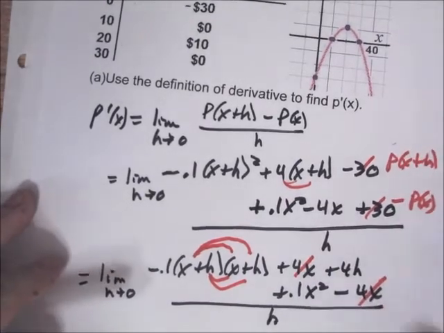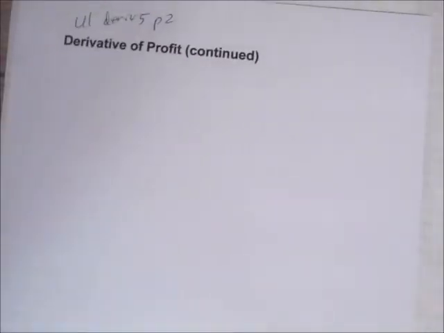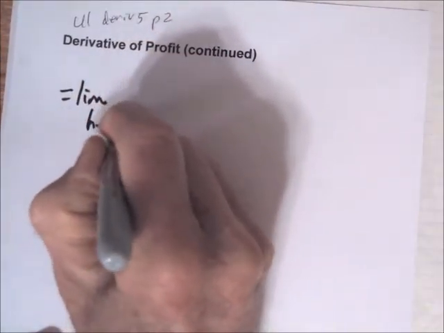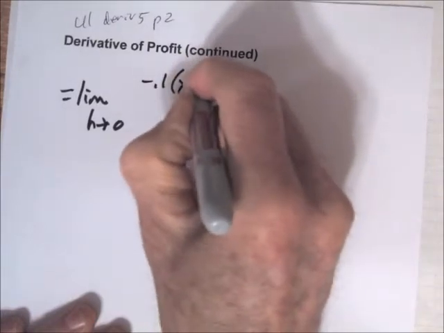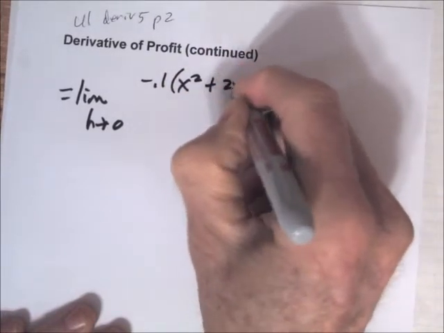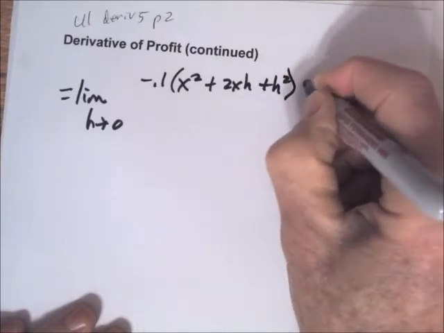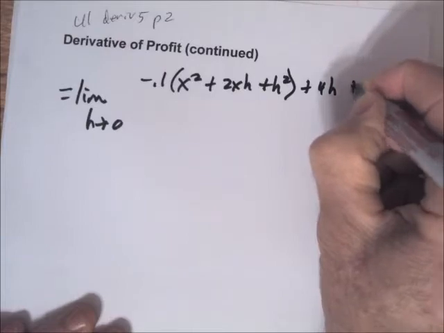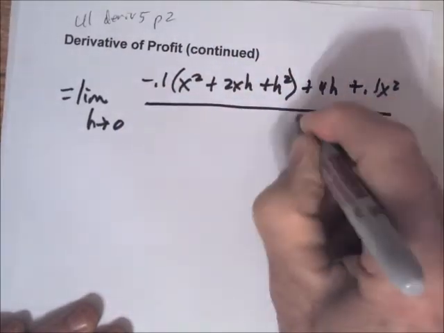That'll give us the limit as h goes to 0 of minus 0.1 times x squared plus 2xh plus h squared, plus 4h, plus 0.1 x squared, all over h.